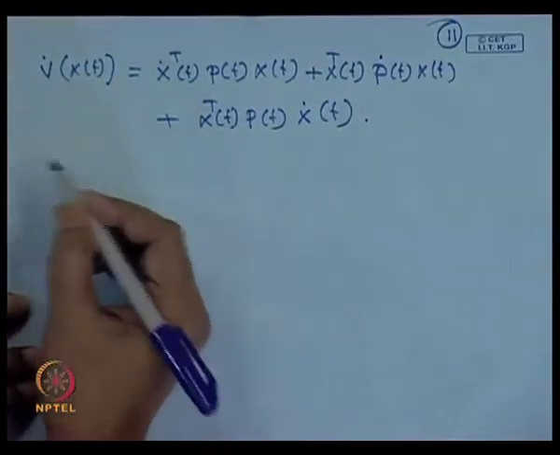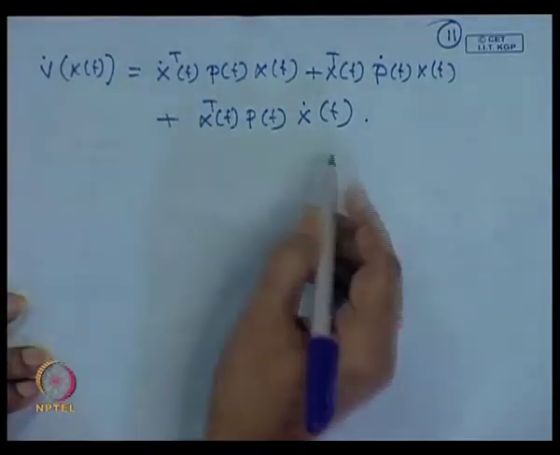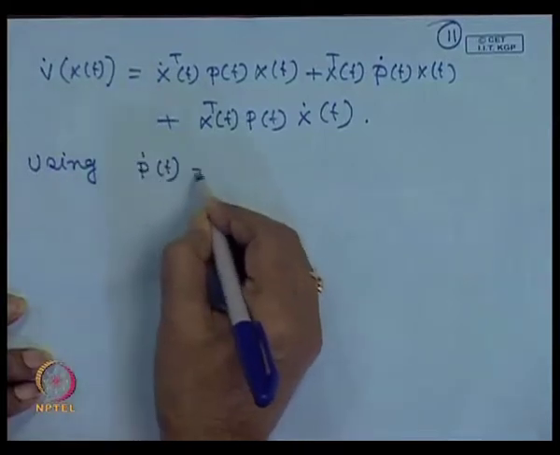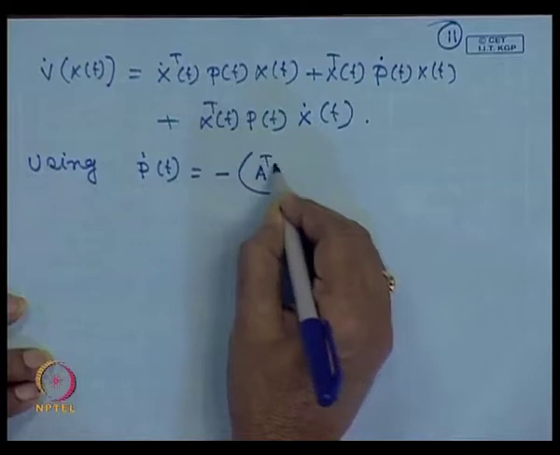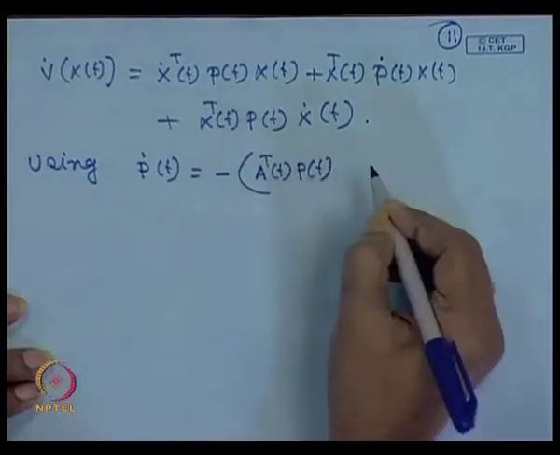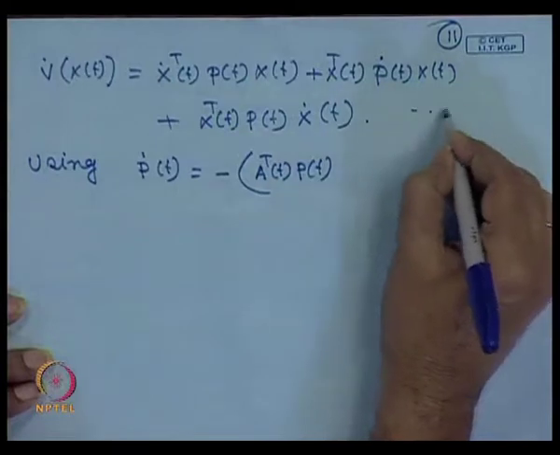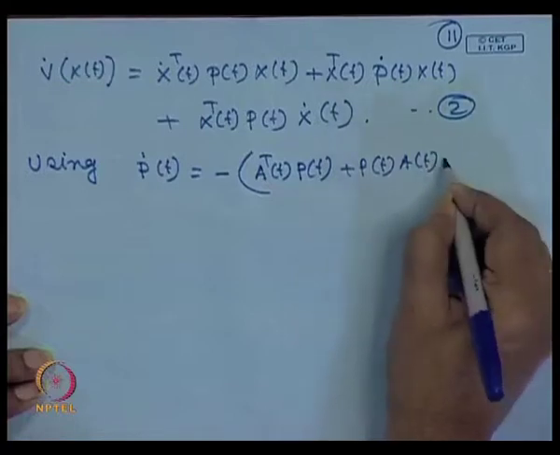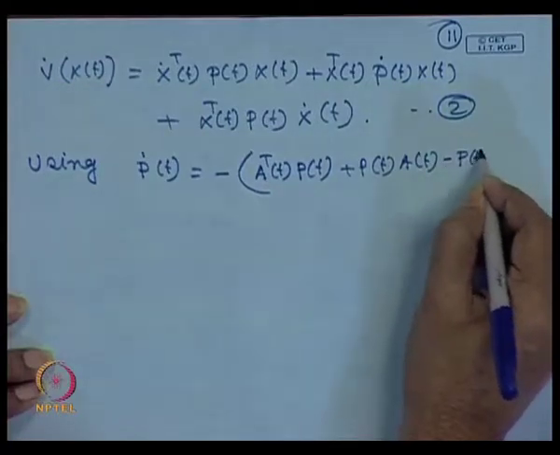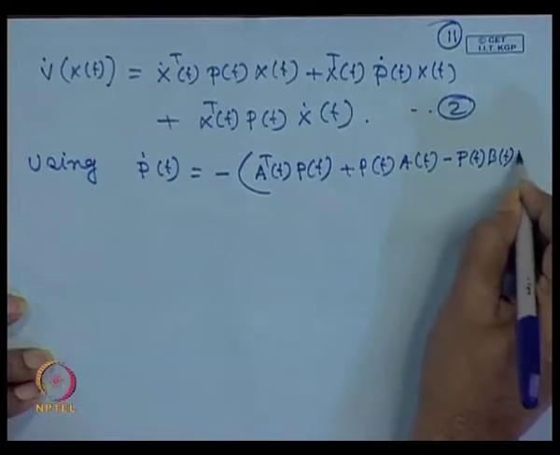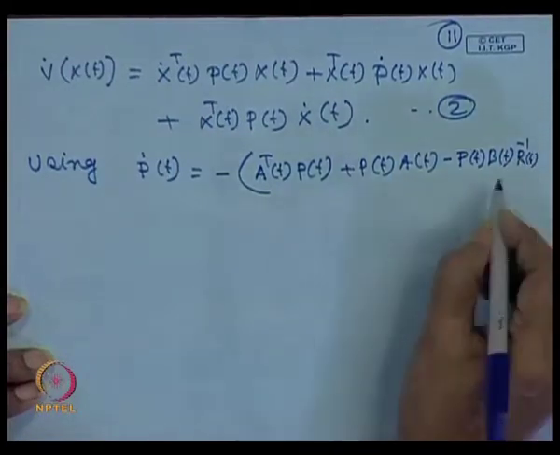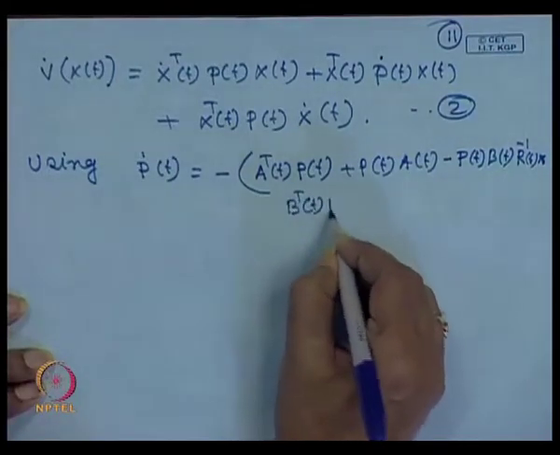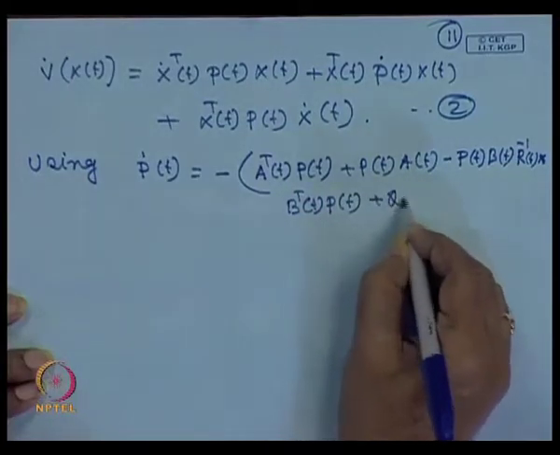So, using P dot expression, which is A transpose of t P of t plus P of t A of t minus P of t B of t R inverse of t B transpose of t P of t plus Q of t, let us call this equation number 2.